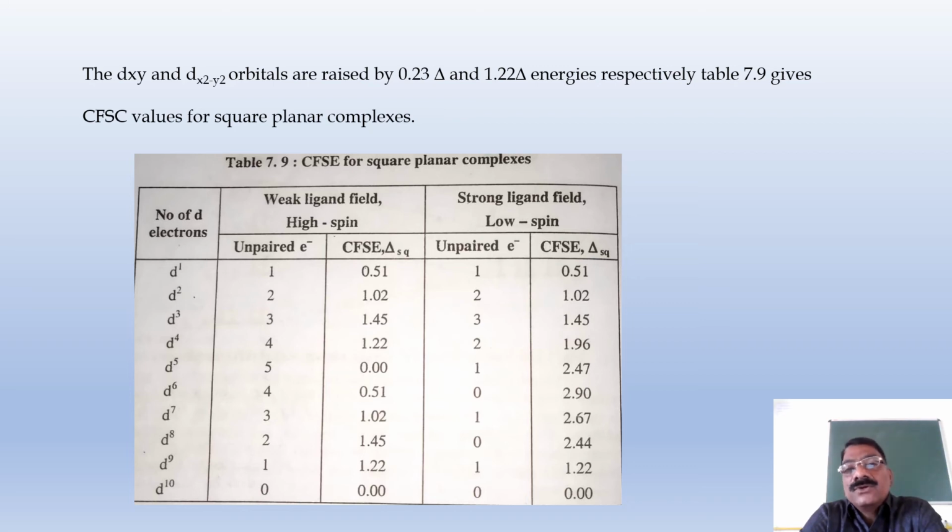While in the strong ligand field, that is in low spin complexes, see the number of unpaired electrons. We know that for d1 to d10 the numbers of electrons are calculated here.